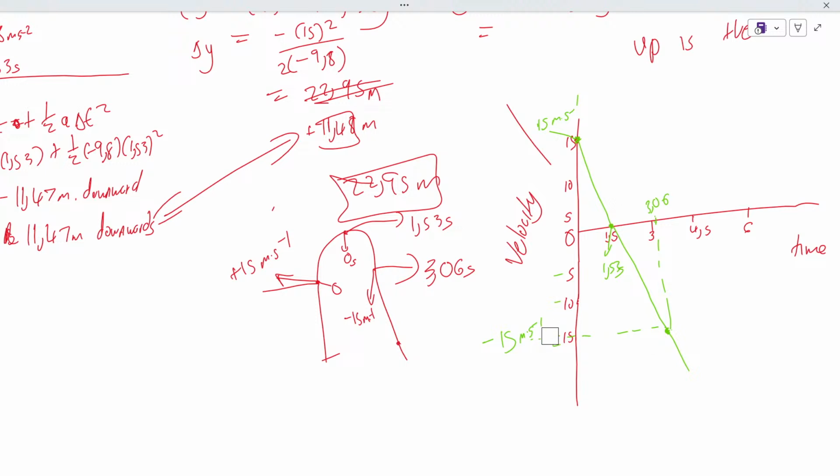Am I right? If we took downwards as positive, the graph was going to be something like this, and this will be your starting position, -15. This will be your 0, and then this will be your +15 when it reaches the same level, and this is going to be until it hits the ground.